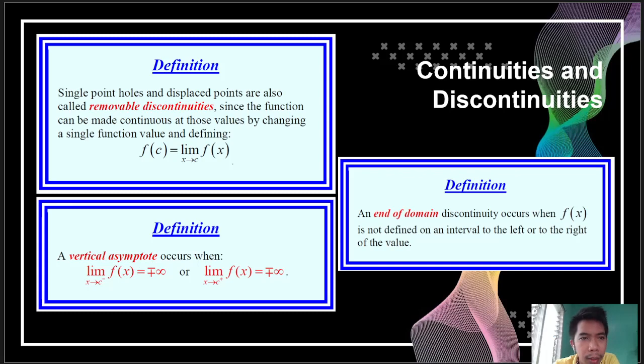Now, another definition that would help you in finding the domain of the function. An end of domain discontinuity occurs when f of x is not defined in an interval to the left or to the right of that value.